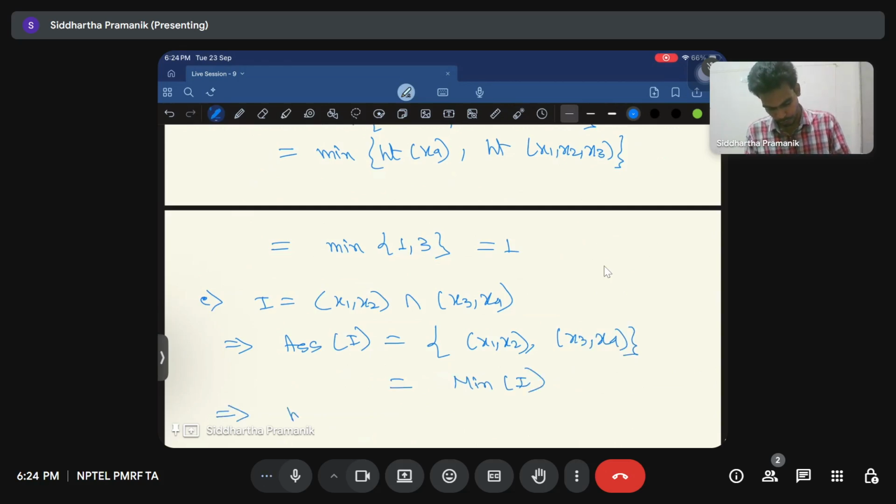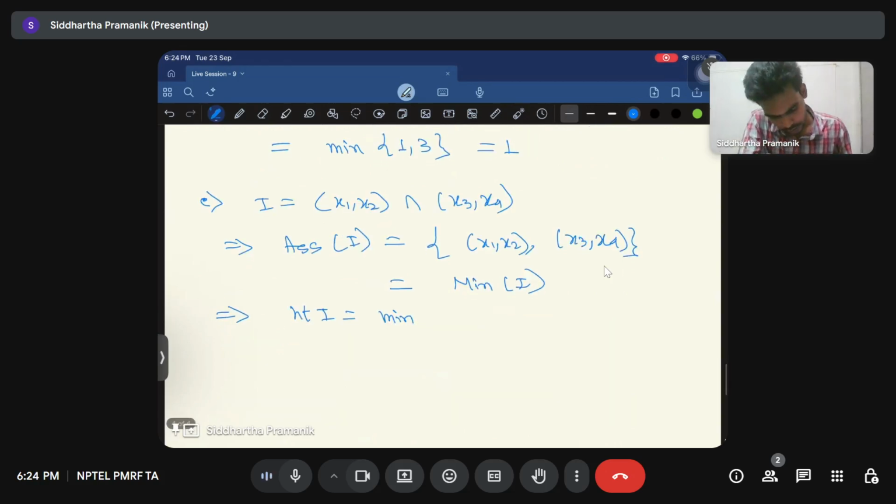So the height of I is, by definition, the minimum of the heights of these two ideals: height of x1 comma x2 and height of x3 comma x4.